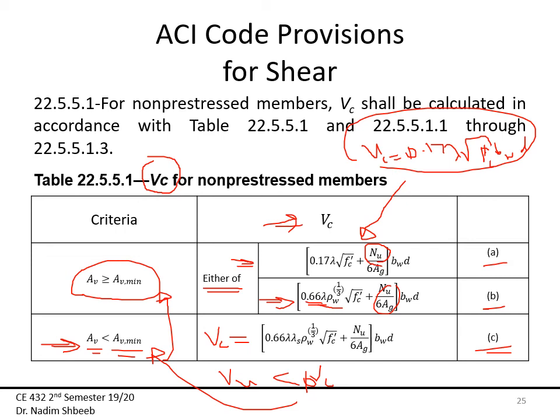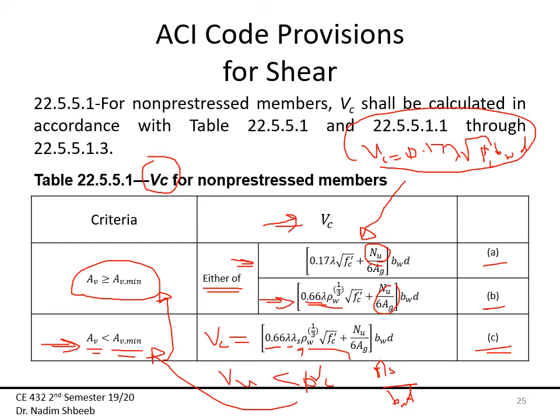So in this here now, you've noticed, again, I'm still keeping the 0.66. Lambda, again, is an indication of whether I have lightweight concrete or normal weight concrete. In this course, we're mainly interested in normal weight concrete, so this lambda is usually equal to 1. This is the reinforcement ratio, and this is again simply area of steel divided by b times d, or b web times d.